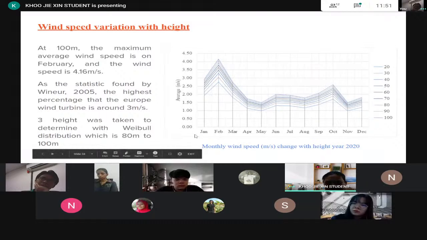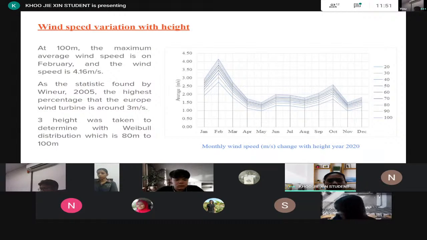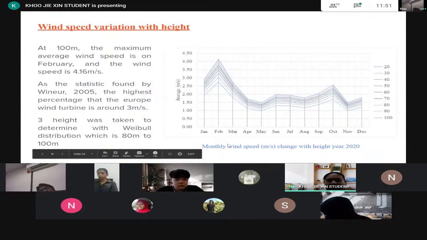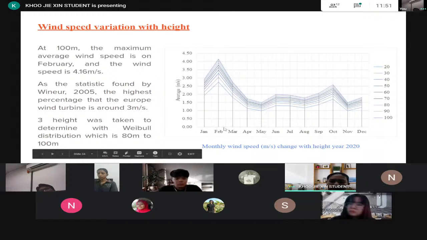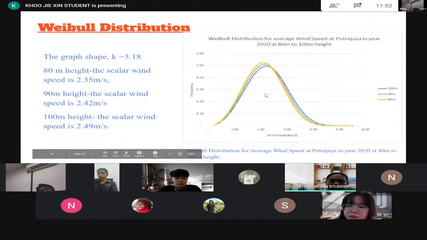So I will only state the three heights for the further analysis, because from the statistics, the highest percentage for the wind turbine is around 3 meter per second.